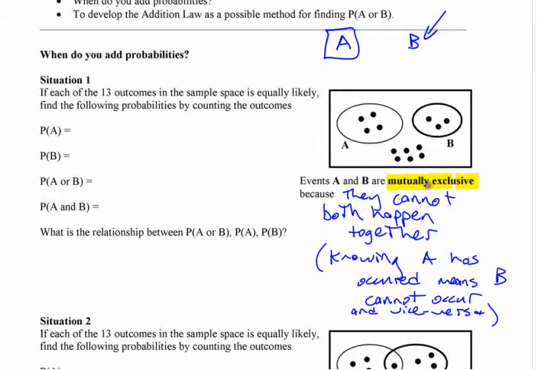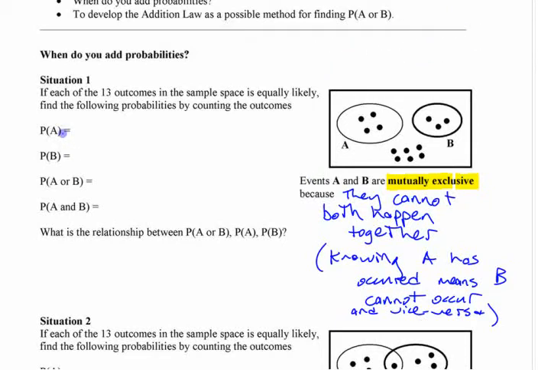This is what mutually exclusive means. Knowing one has happened means the other cannot happen. If it's cards, getting a red card and getting a spade are two mutually exclusive things, because knowing that you get a red card means you can't have gotten a spade, because it's not red, obviously.